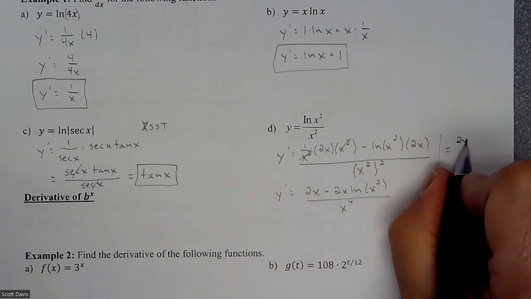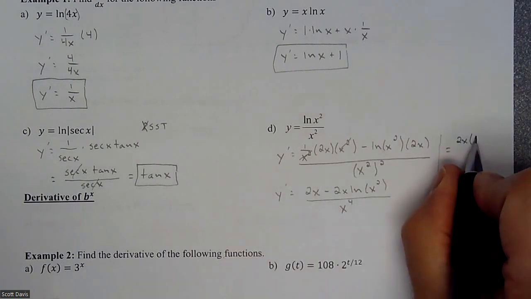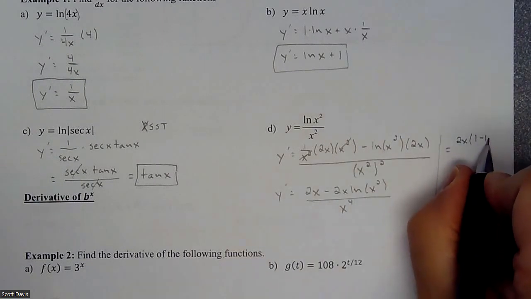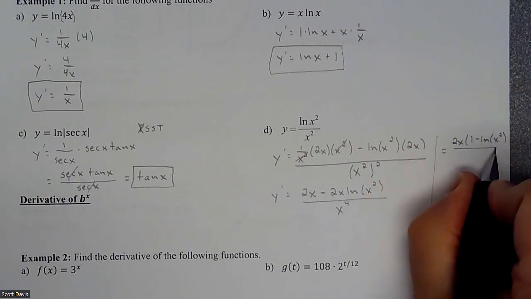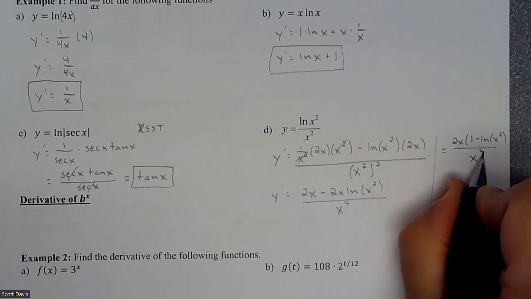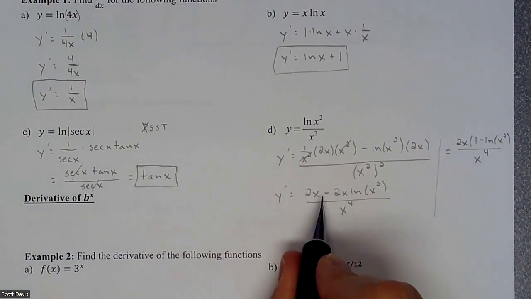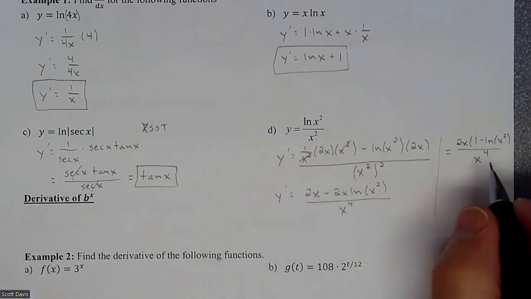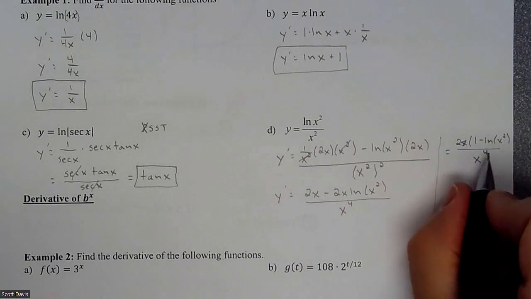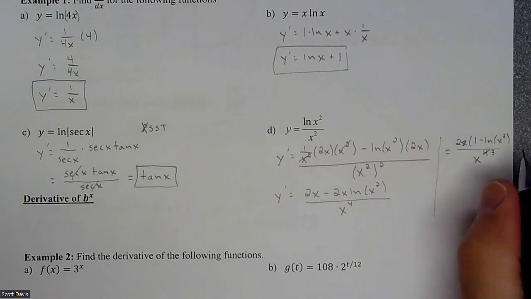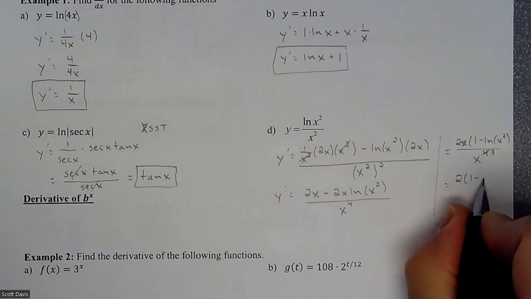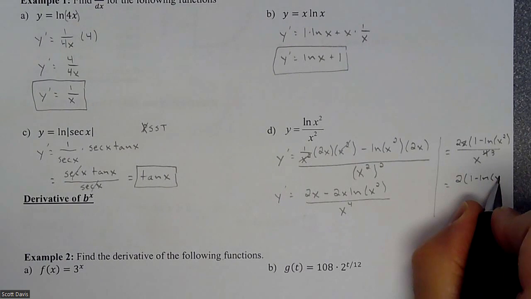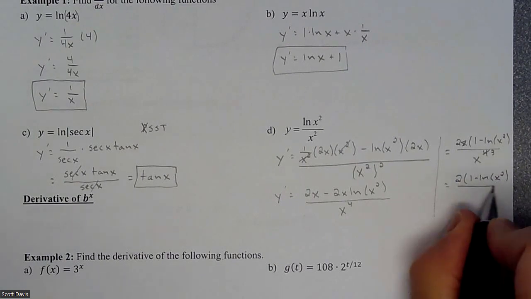So there's a 2x, and that leaves us with a 1 minus the natural log x squared divided by x to the fourth. And I saw if I could take an x out of that, then I can simplify with this. So I can cross off that x with one of those x's to make it a third. So we have a 2 times a 1 minus the natural log of x squared divided by x to the third.